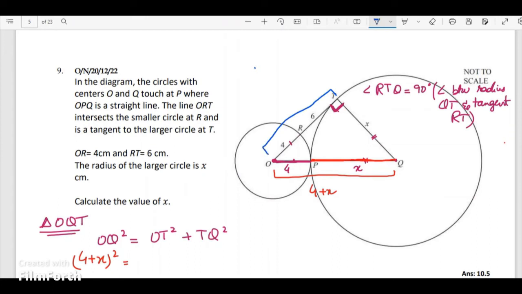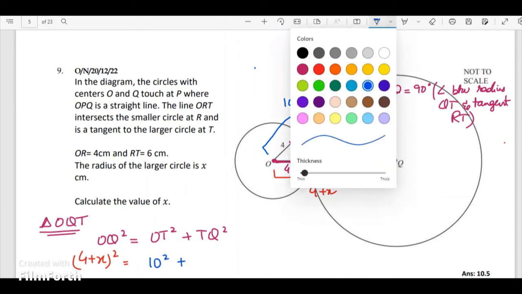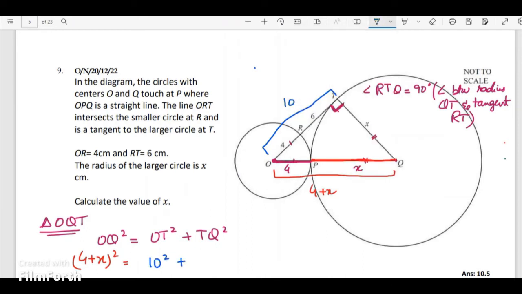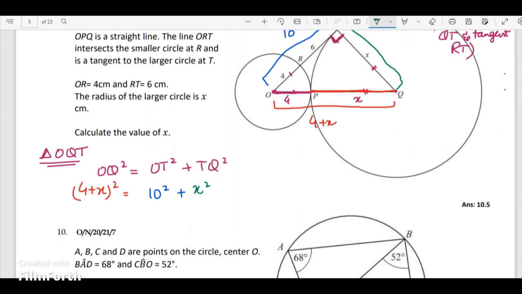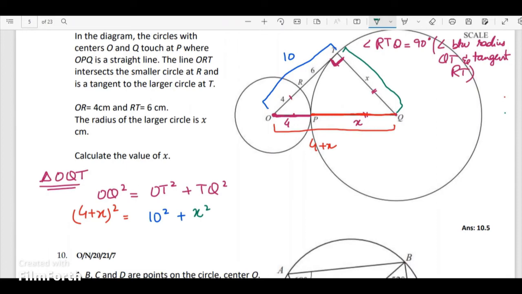Now this is 4 plus 6, that's 10. So 10 squared plus TQ. Now TQ is simply X squared. Let's open up the squares here.